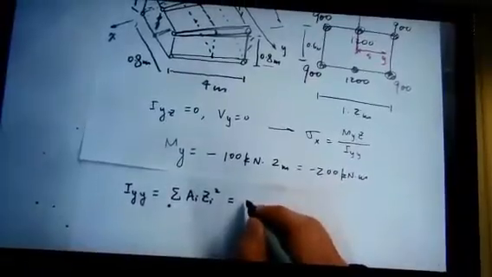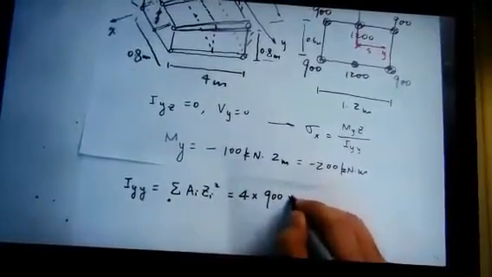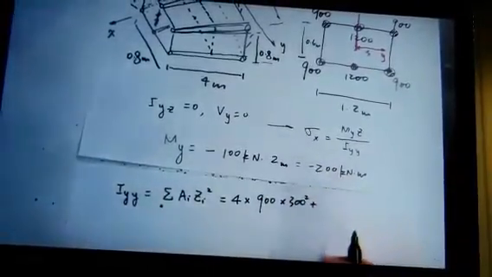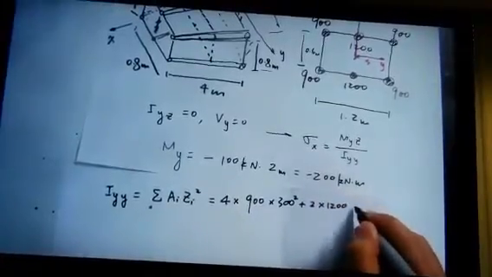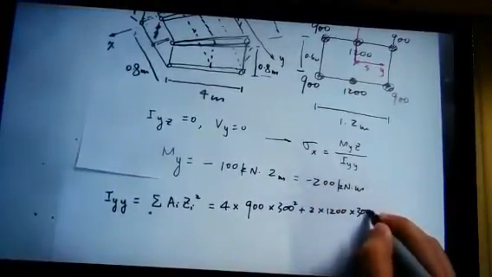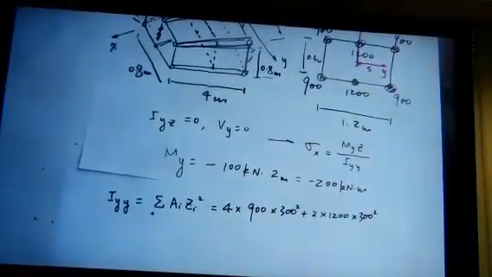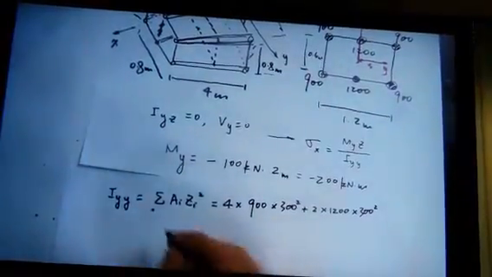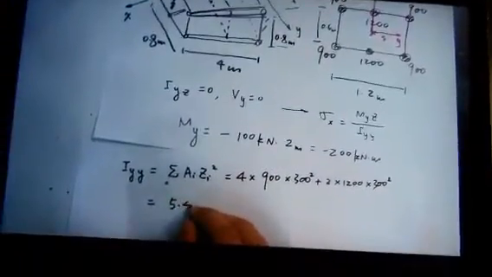Actually, they are symmetric, so 4 of them are the same: 900 times 300 squared, and the other 2 are the same: 2 times 1200 times 300 squared. 300 is 1/2 of the total height. The total height is 600 millimeter, so we're using millimeter as the length unit. So this one you will get 5.4.